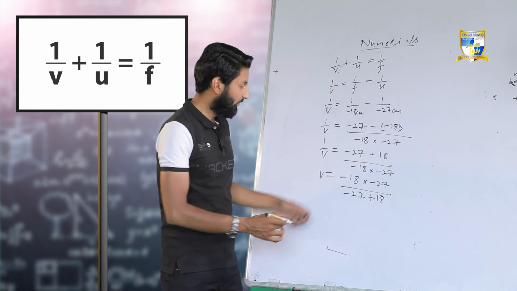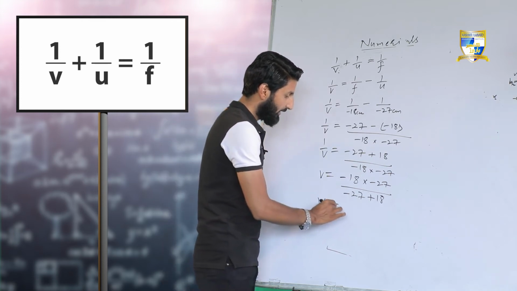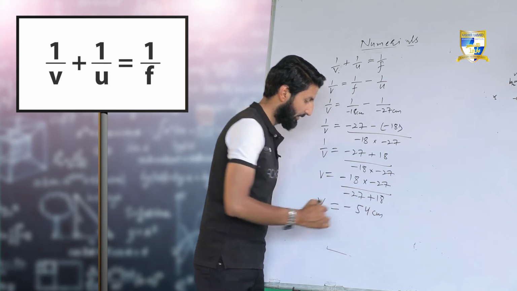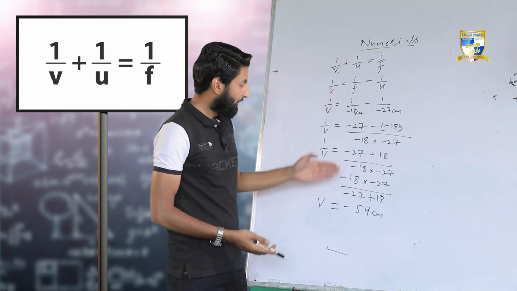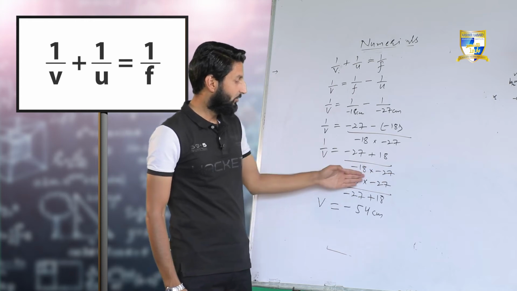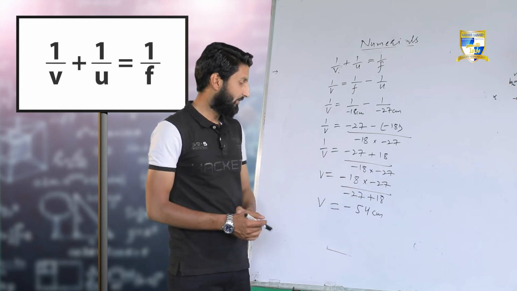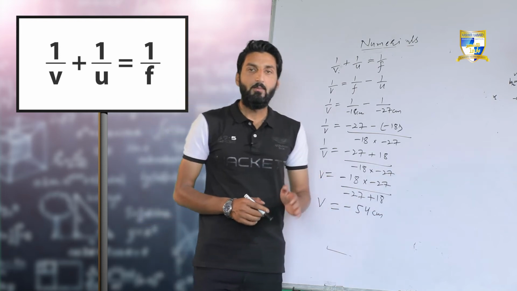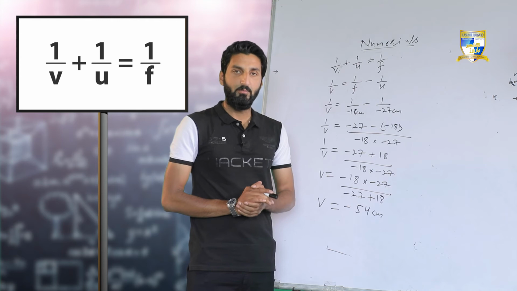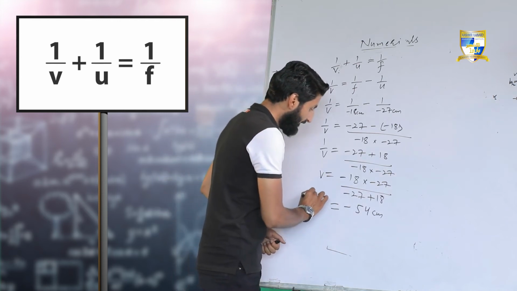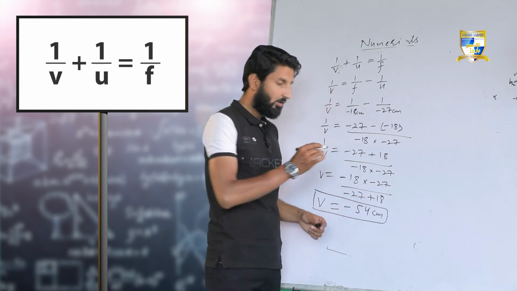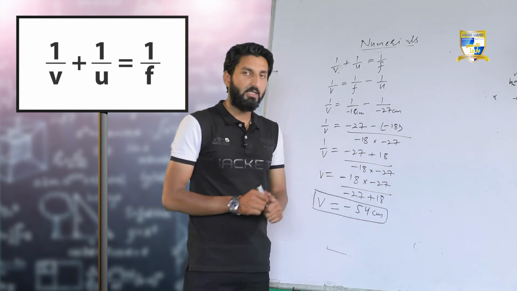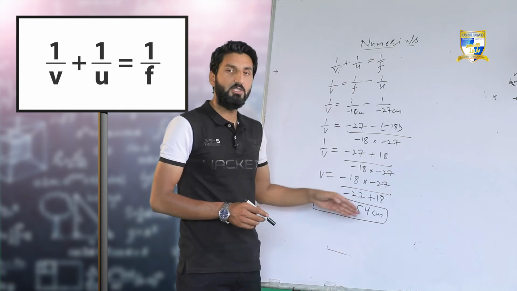So when you solve this, the value of V would be minus 54 centimeter. So now the image is formed at a distance of 54 centimeter from the mirror, but V is minus. Image distance is minus.